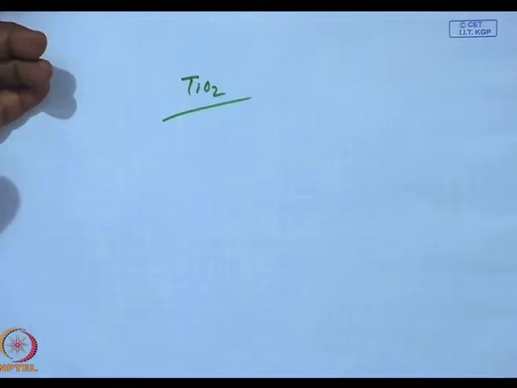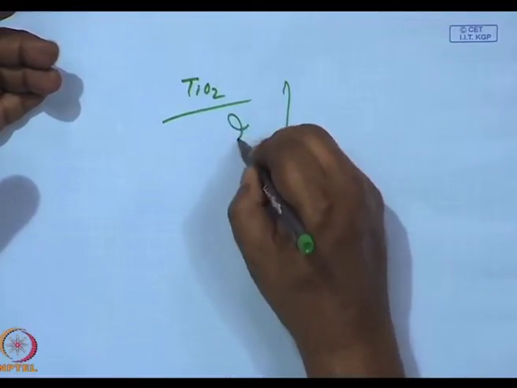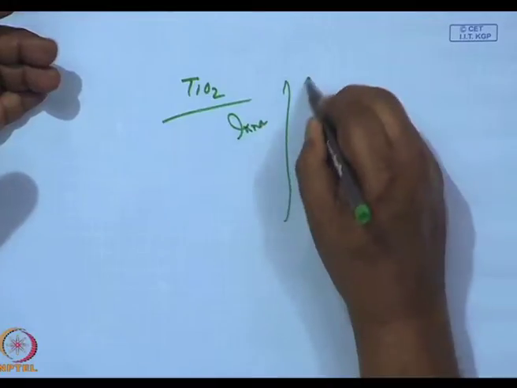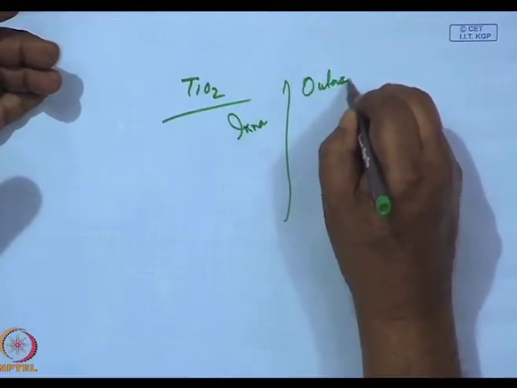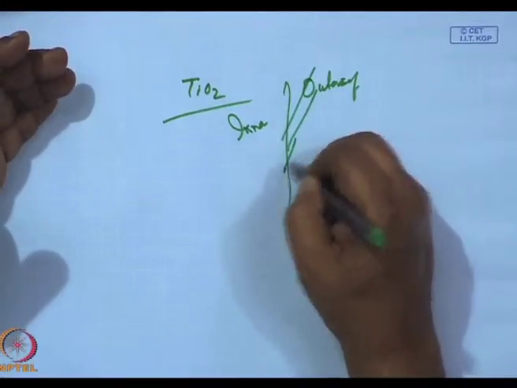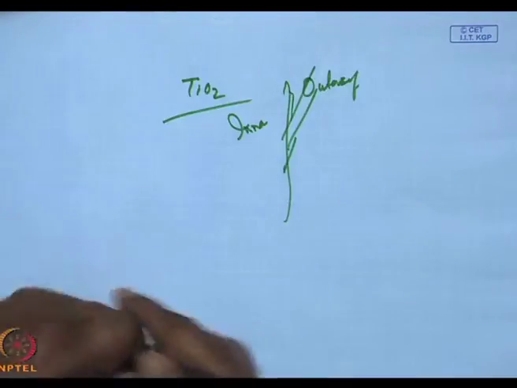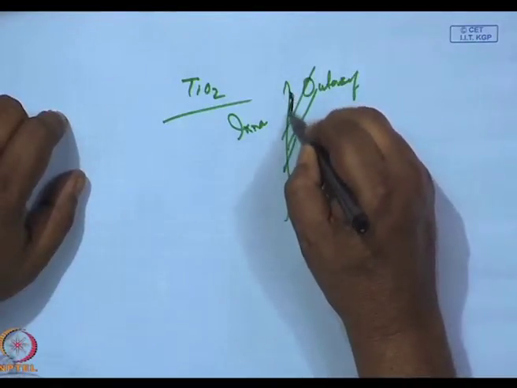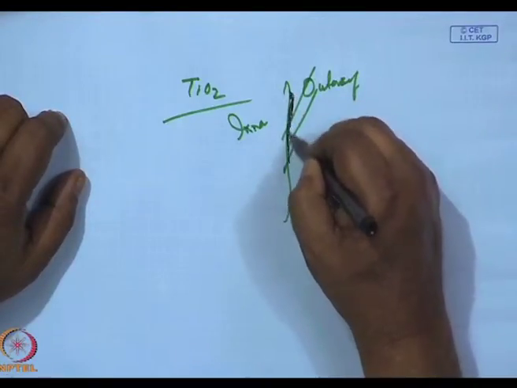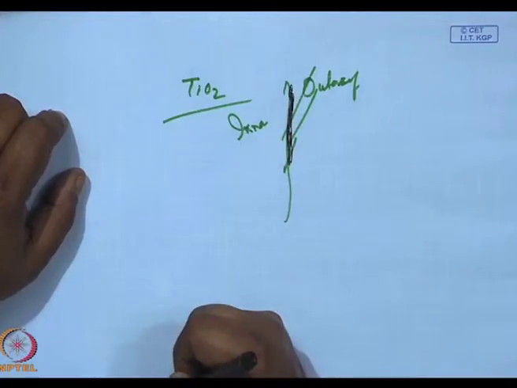The way the titanium dioxide works is, if this is the inner and this is the outer surface, normally what happens, rain, everything falls on this outer surface, and this surface starts turning black due to organics.